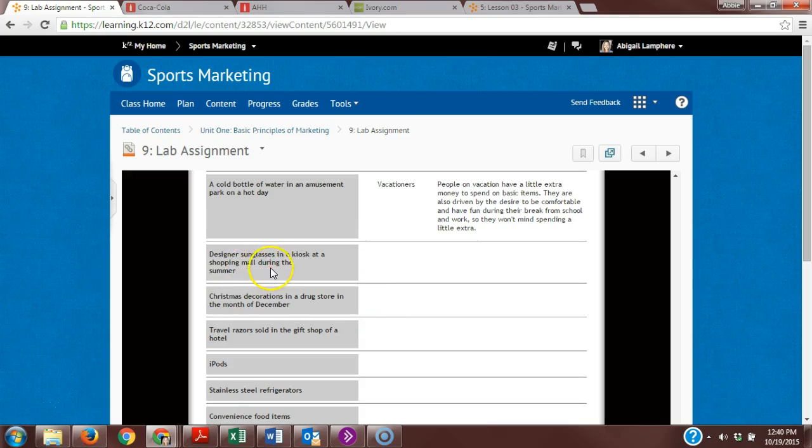Designer sunglasses in a kiosk at a shopping mall during the summer. This one might be young adults, maybe with somewhat higher income since they are designer sunglasses. Reasoning: young adults are a little more likely to frequent a mall. They place more value on things that might increase their image utility, for instance, designer sunglasses.